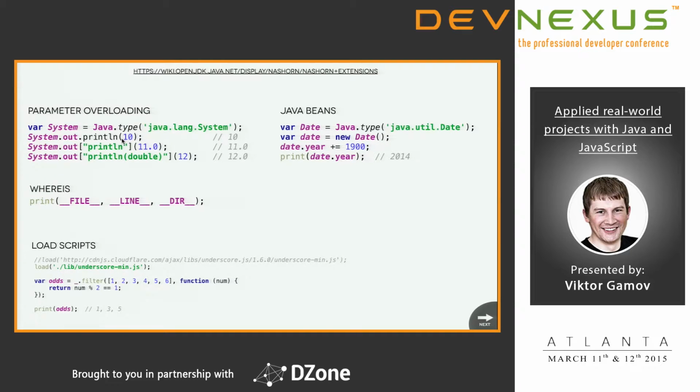The load function that is globally available in Nashorn allows you to load external scripts and also interpret and compile them. And as you can see here, I have just commented out another line. I can actually load it from the internet, not even from my file system, just right from the internet.